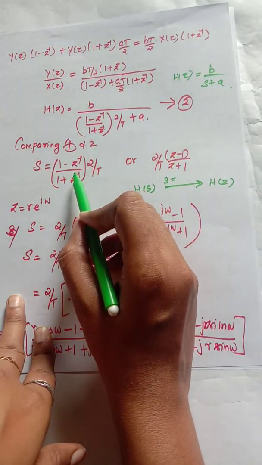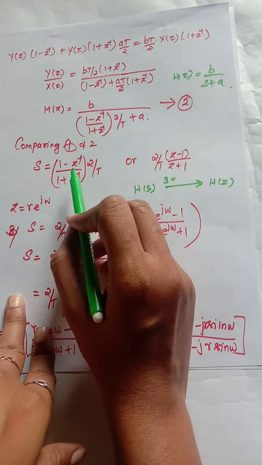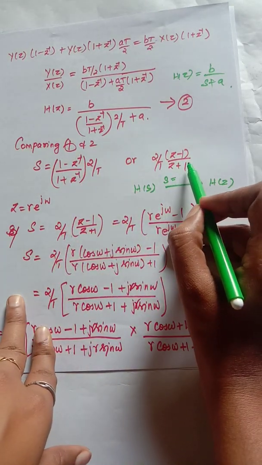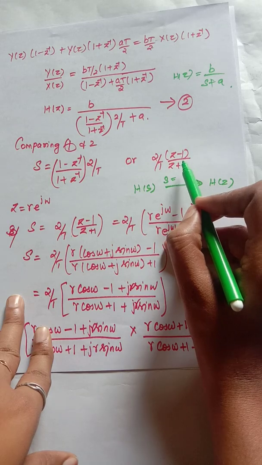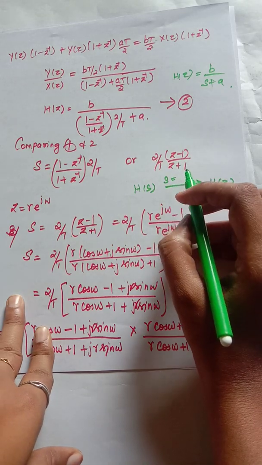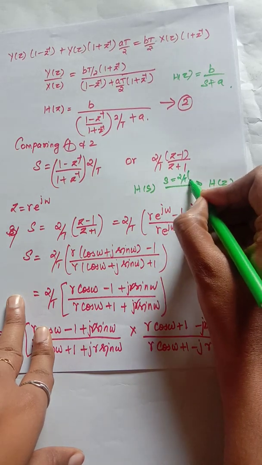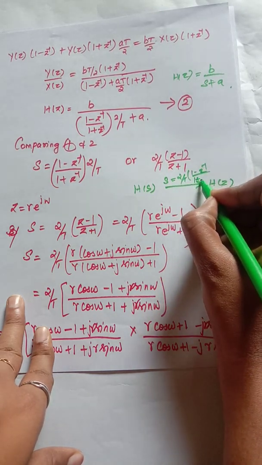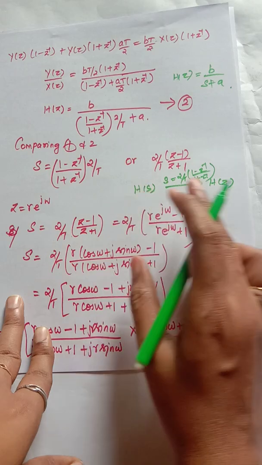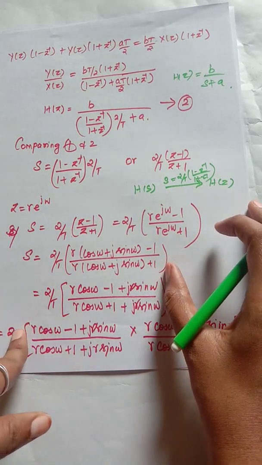If you want H(z) in terms of z inverse, you use this; if you want H(z) in terms of z, wherever I have s, I substitute 2 by T (1 minus z inverse) by (1 plus z inverse). So automatically it will convert into the transfer function.